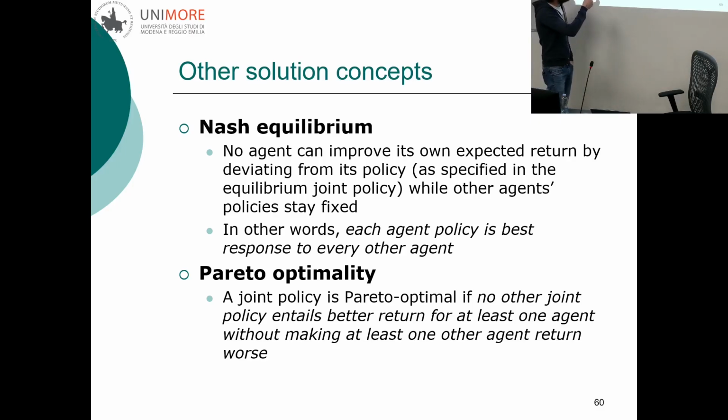Now, in the Pareto optimal definition, I didn't say a word about your individual policies. I defined our joint policy. In the Nash equilibrium, instead, I mentioned the specific policies.